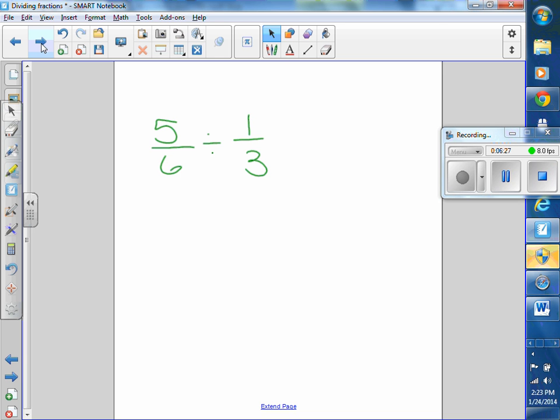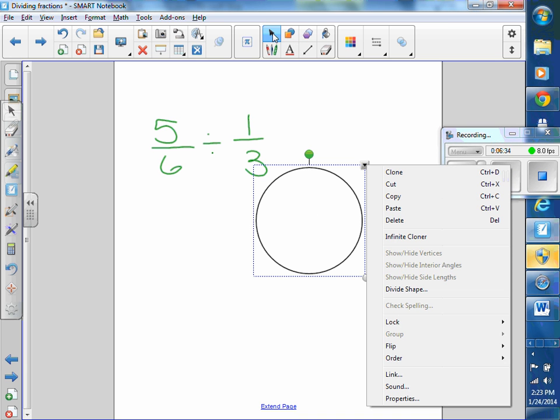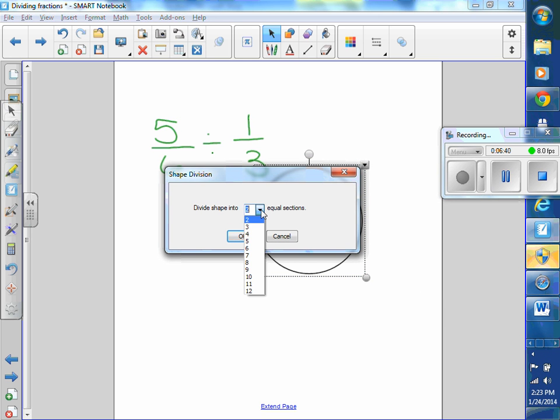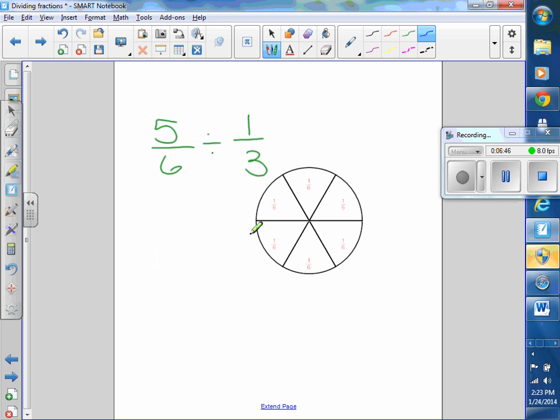So, what's it asking me? Yeah, how many 1/3 fit into 5/6? So I should divide my shape into 6, right? And here is 5/6. Let's see, 5/6 is right here.